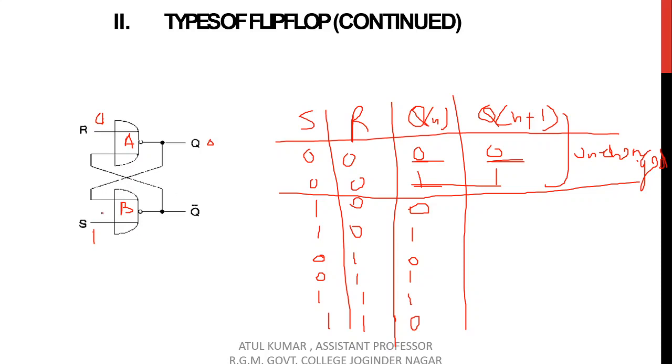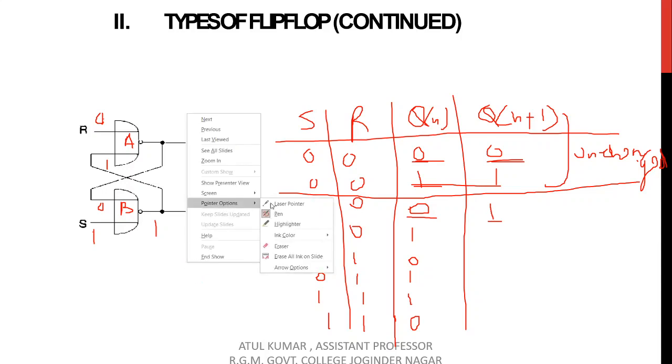So it is given as an input to the NOR gate B. The input to the NOR gate B is 1 and 0. Its output is 1. So 1 is given as an input to the NOR gate A. So 1 and 0 is the input to the NOR gate A, and its output is 1. So again here the output is 1. So when S is equal to 1, R is equal to 0 and the previous state is 0, then the output is 1. Next let us see for the next input.